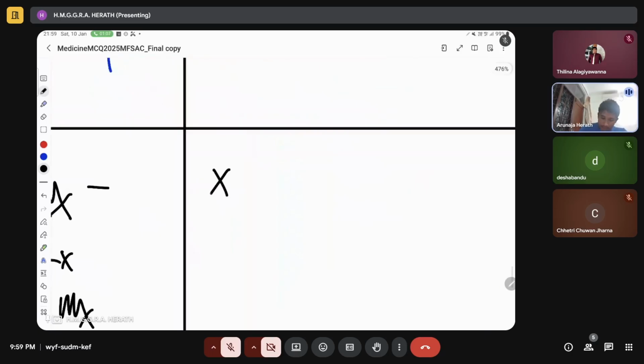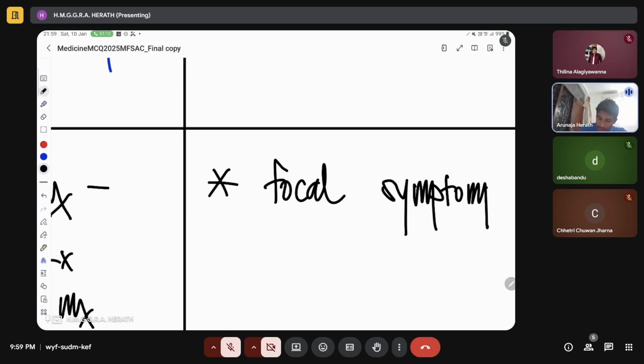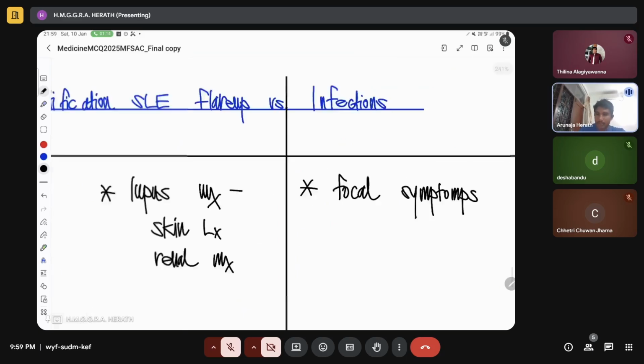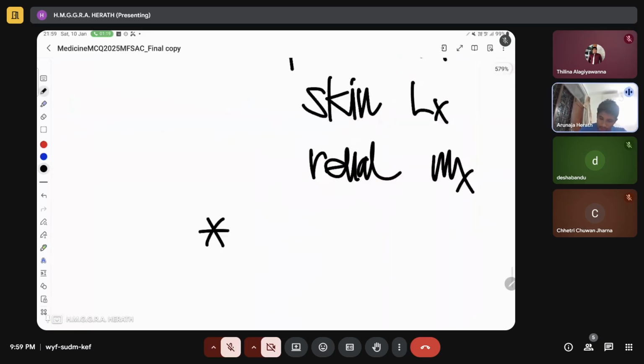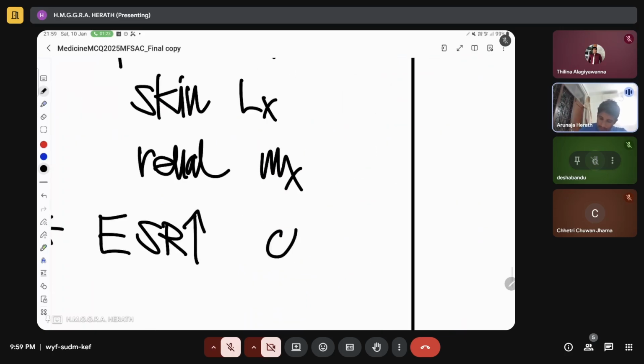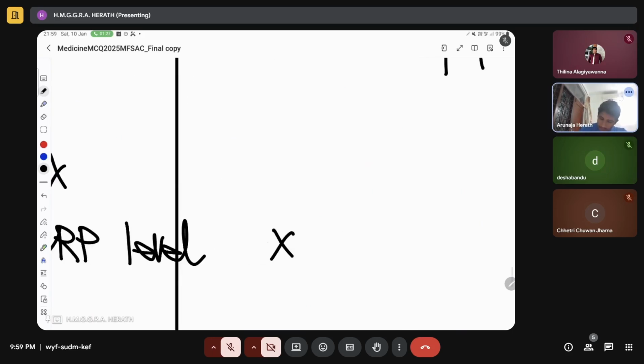In an infection, usually there will be focal symptoms, although there can be disseminated infection also. In an SLE flare-up, usually ESR levels will increase with normal CRP levels. However, in an infection, both ESR and CRP levels will increase.